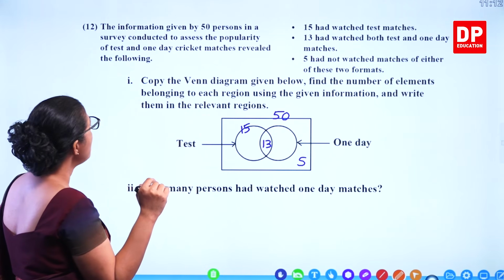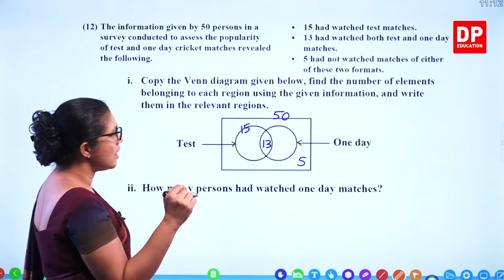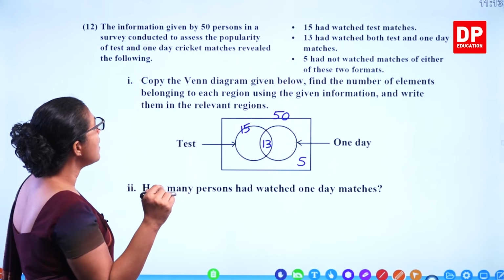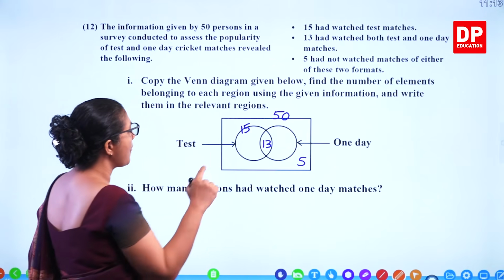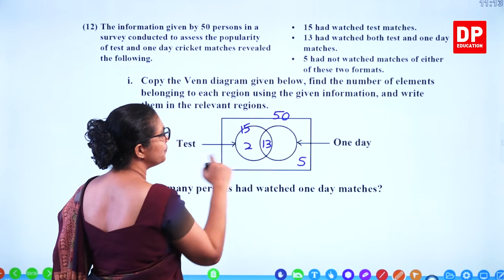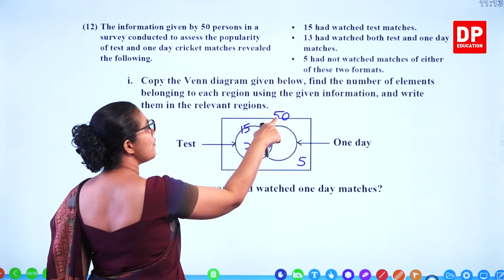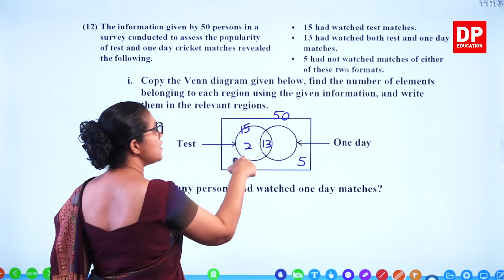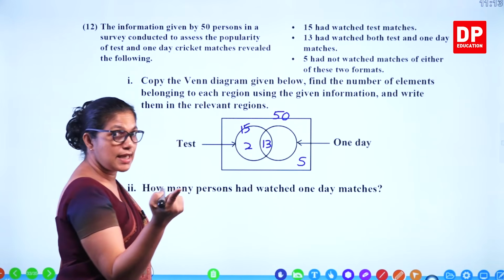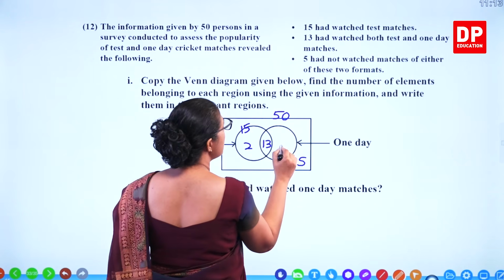Find the number of elements belonging to each region using the given information and write them in the relevant regions. So 15, 13 is there. So this becomes 2. Can you find out this part? Now 50, here 15 and 5, 20. 50 minus 20, you get 30 here.